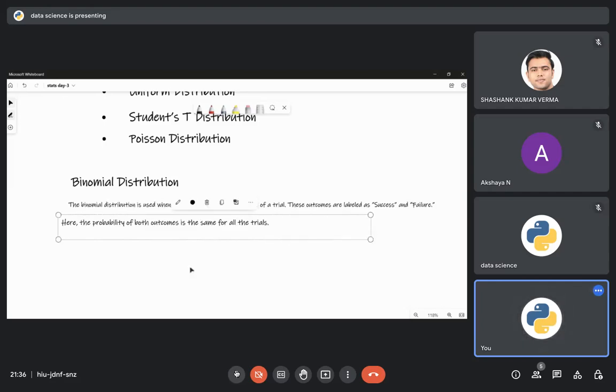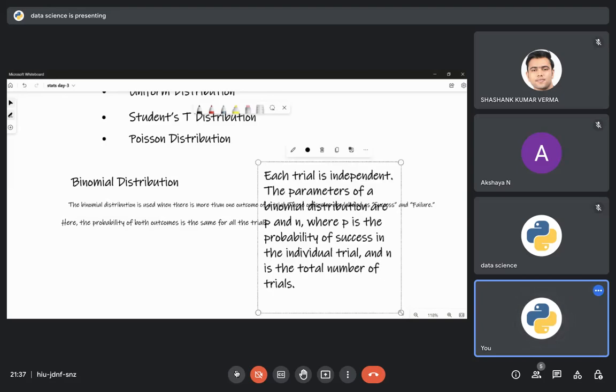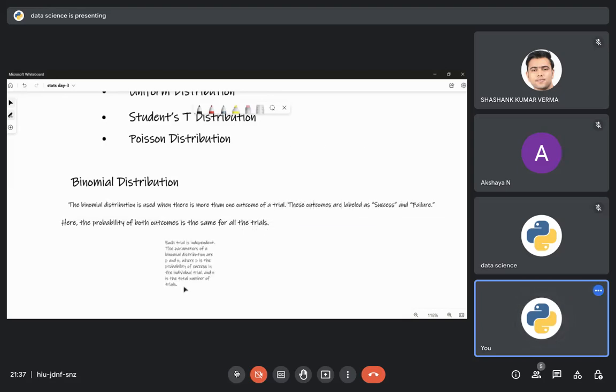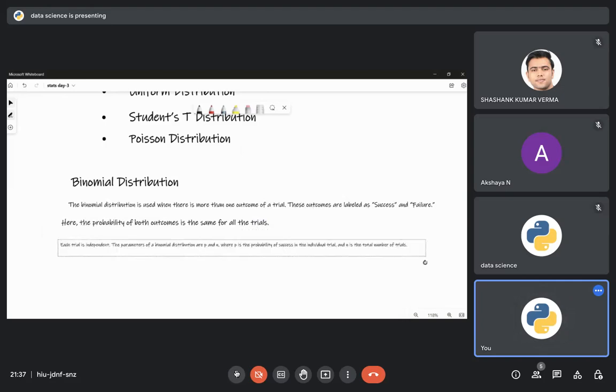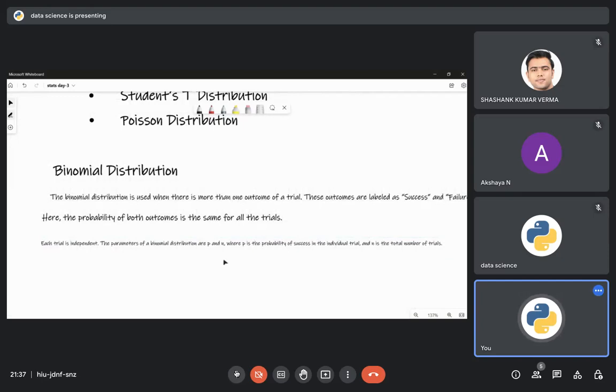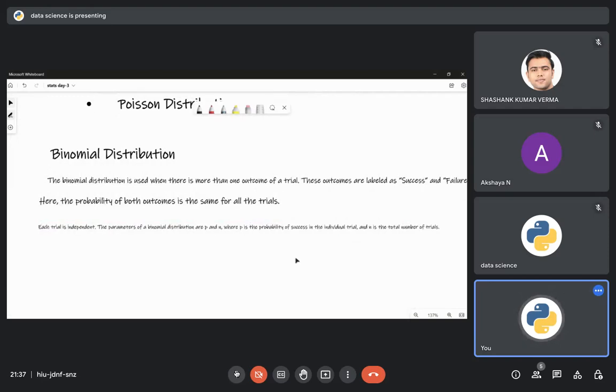And each trial is independent, and the parameters of the binomial distribution are P and N, where P is the probability of success in the individual trial and N is the total number of trials.